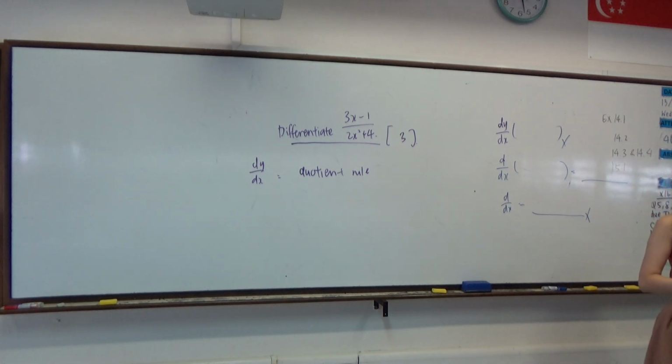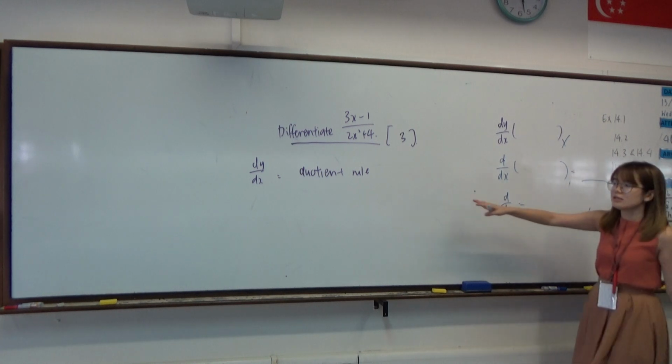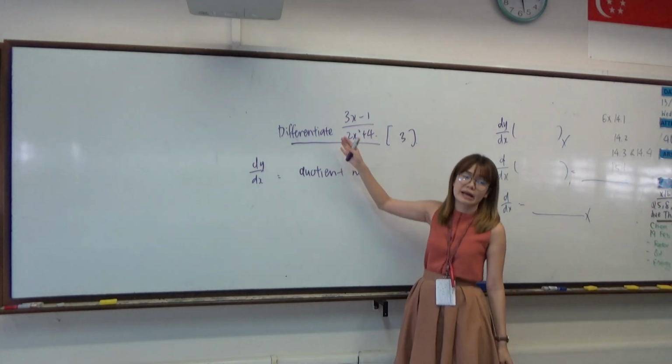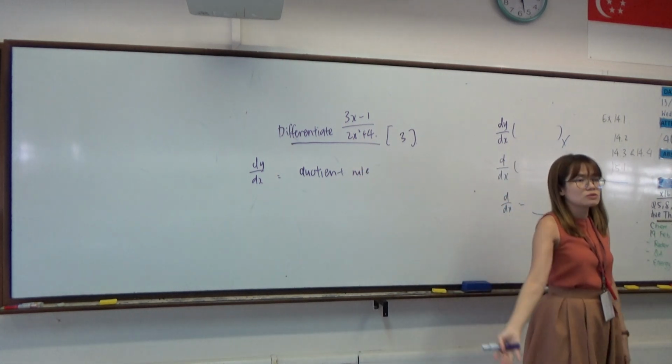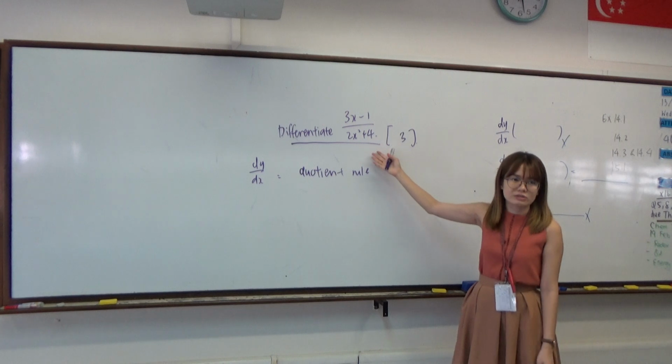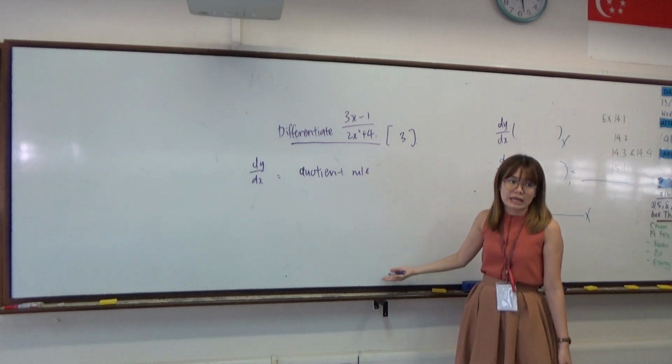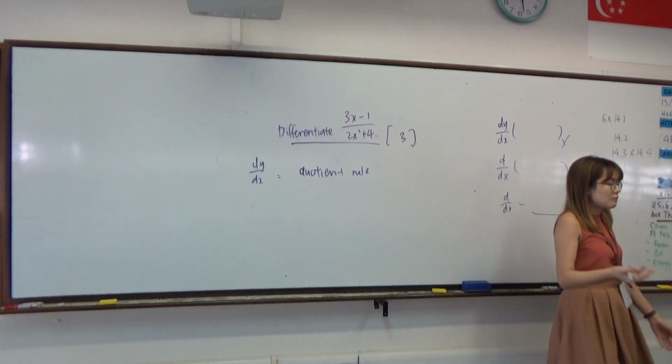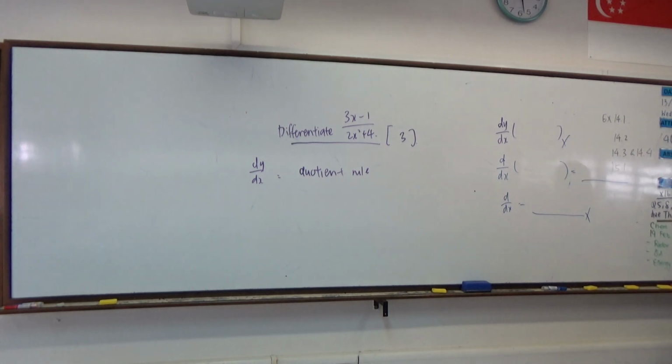Why I'm stating this out is because in school-based exam, we would actually test simple stuff like this, differentiating an expression, but of course when it comes to O levels, they will not ask you to simply differentiate this one already. There will be many more layers to it, which is what we look at in chapter 15 and 16 now. You understand what I'm saying?